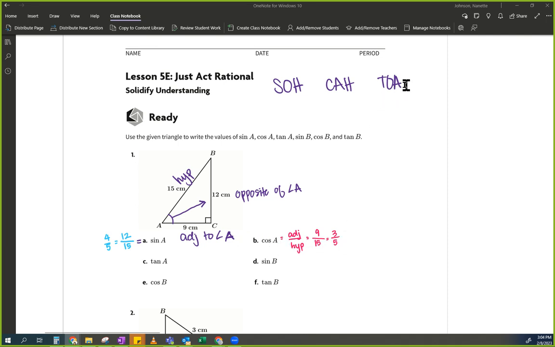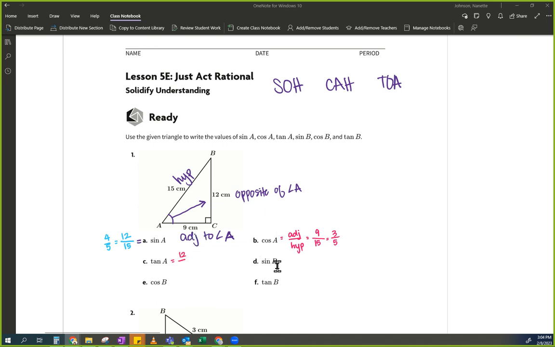So perfect. And then we move over to tangent, and you're like, oh, it's opposite over adjacent, that's 12 over 9. We write that out and we're done. So those are yours.